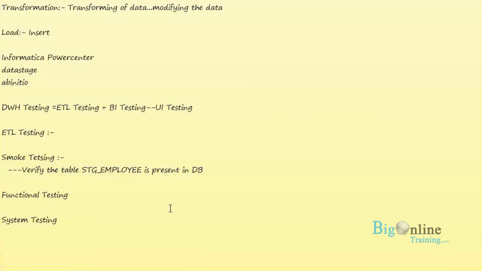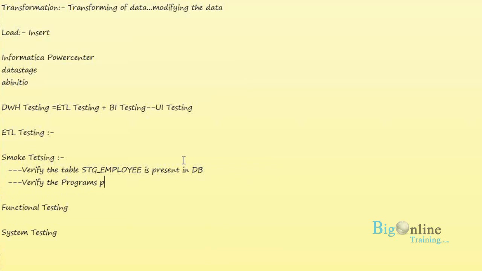You're going to verify whether the table is present or not by using a query. So what is the query to identify the table? We'll see in detail how to verify; we'll take one example at a time and understand it. Similarly, you're also going to verify whether the programs are present in the UAT environment or not. When we talk about programs, we talk about mappings, and there are other things, sessions and workflows.